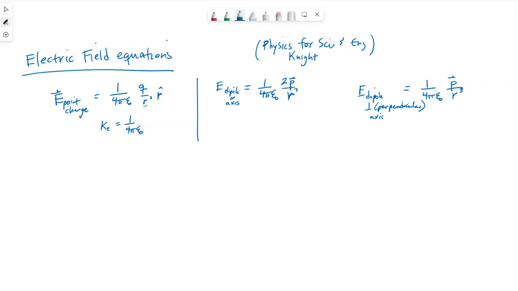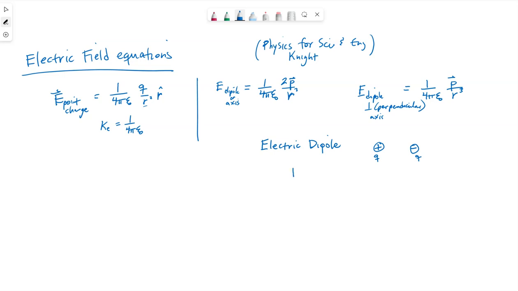Now, I did talk about the electric dipole back in the electric field video. An electric dipole is specifically two equal but opposite charges. So both of them are Q. One's just positive, one is negative.